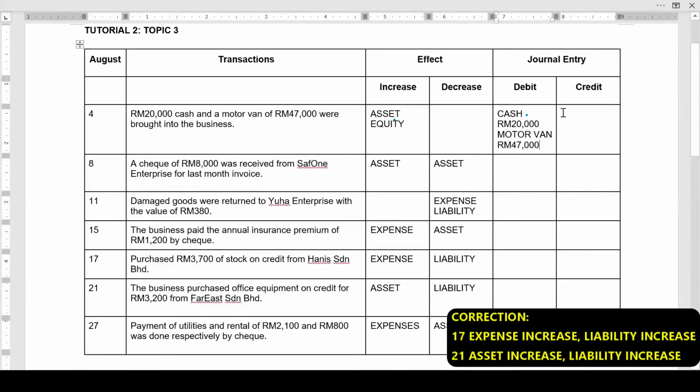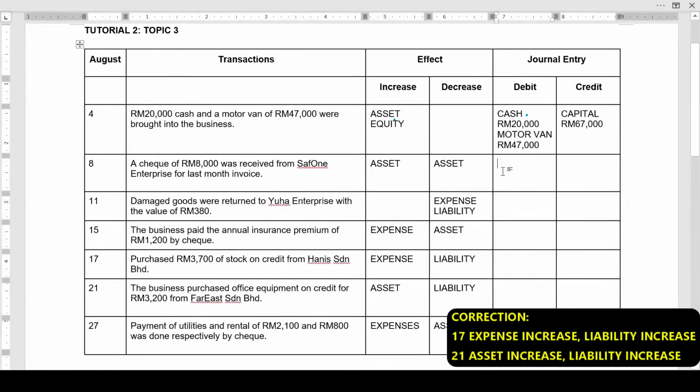And then equity increase, credit. What equity account to be credited? Capital account. You may show separately for cash and motor van, or you may combine the amount. I choose to combine here for the journal entry.